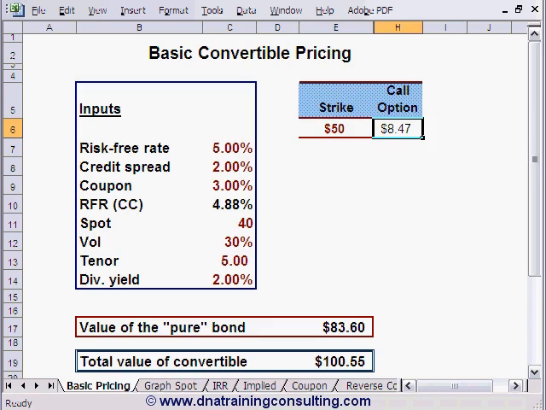The final step is to aggregate these 2 items that we just mentioned to derive a total value for the convertible, here in cell E19, equal to 100.55. Rounding accounts for the 1-cent discrepancy.